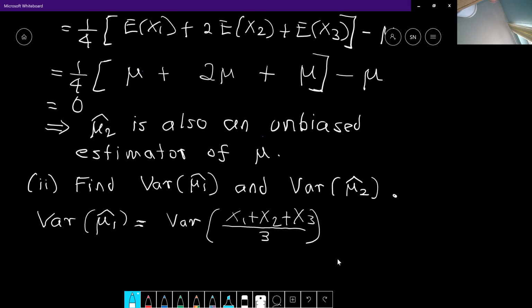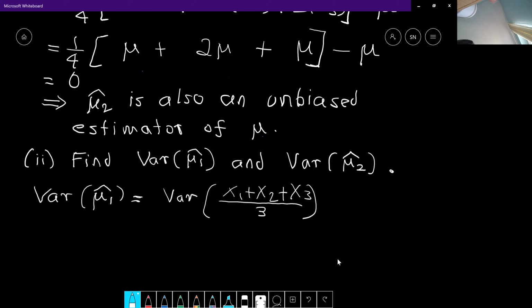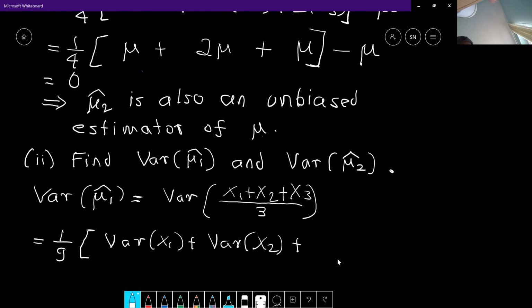To find the variance, we start with the variance of mu1 hat, which is this. If you take the 3 outside, it becomes 9. Then in brackets, you have the variance of x1 plus the variance of x2 plus the variance of x3.